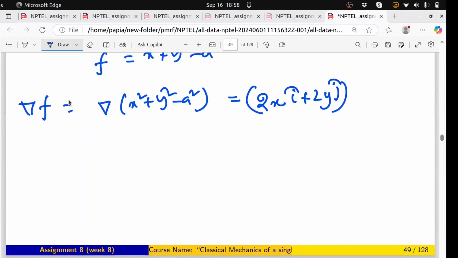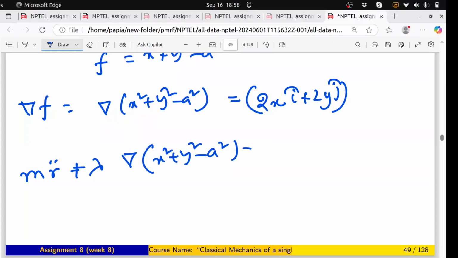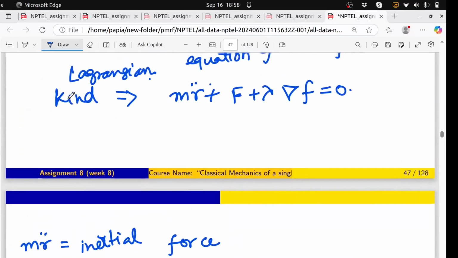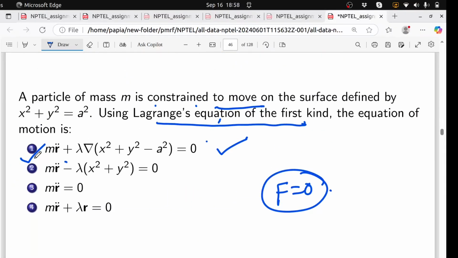So this will give me the equation as m r double dot plus lambda times grad of x square plus y square minus a square equals 0. So that means we can come to option number 1 here.